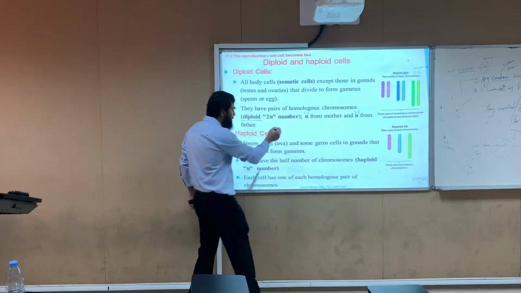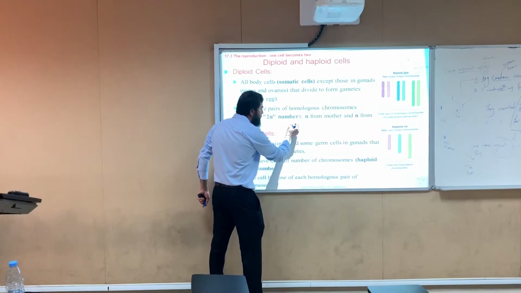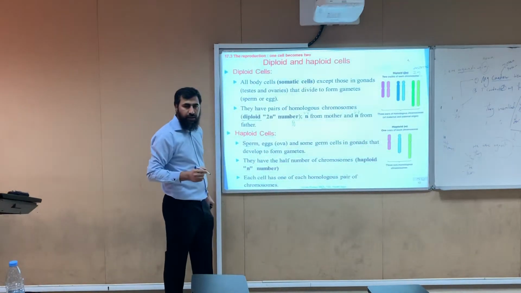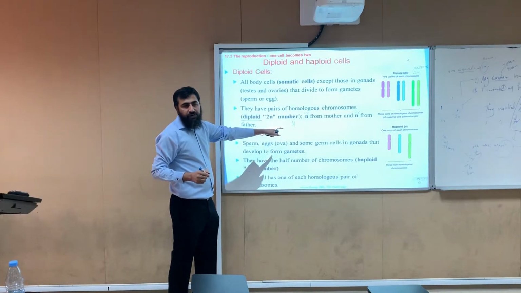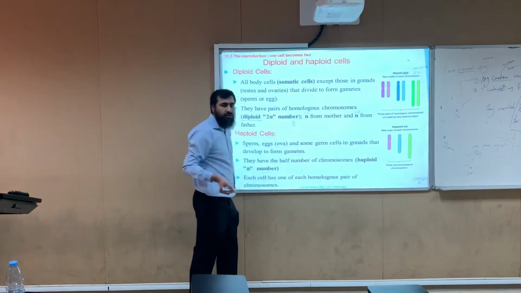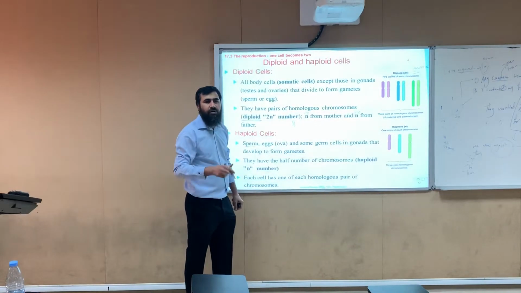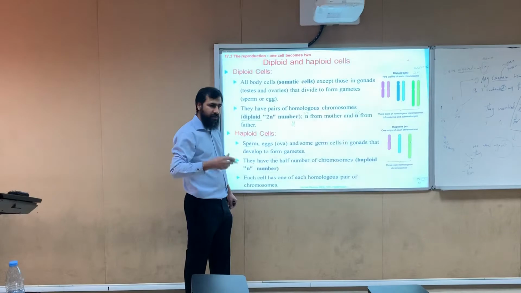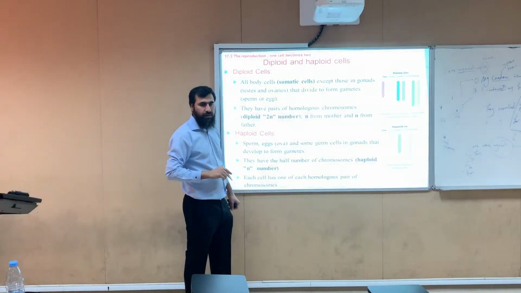So you've got the original cell, and chromosome number 1 has its homologous pair. Now, during the formation of sperm or egg, let's talk about sperm because it's easier. In the egg, there are some funny things happening where you only form one cell and 3 cells we call polar bodies, which don't form functional gametes.